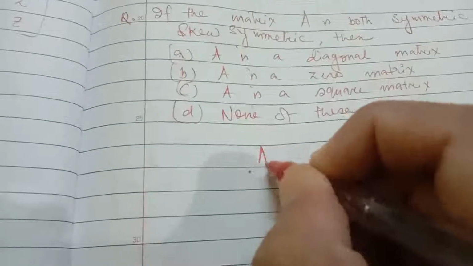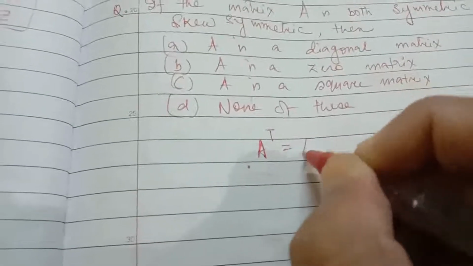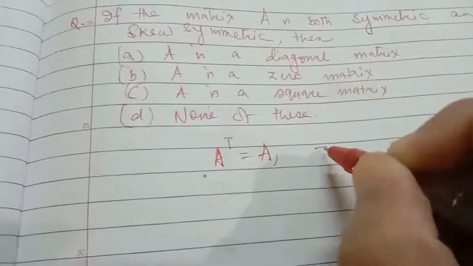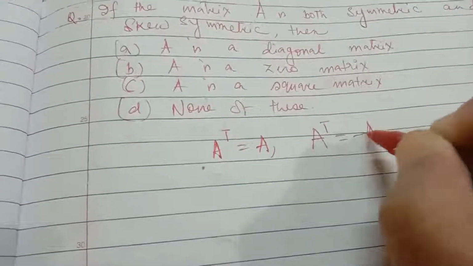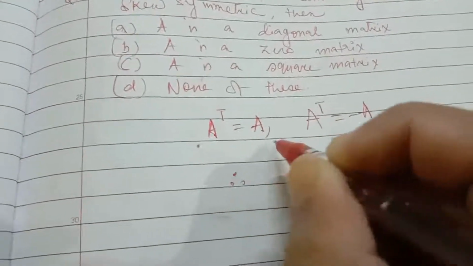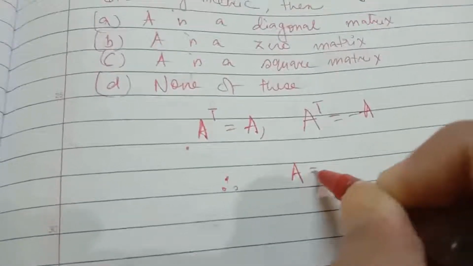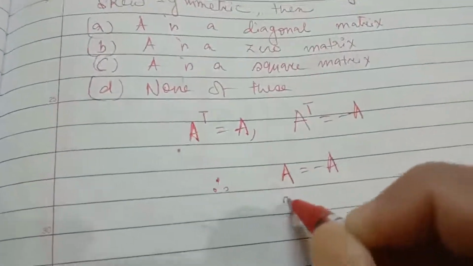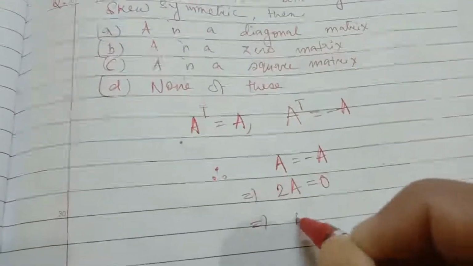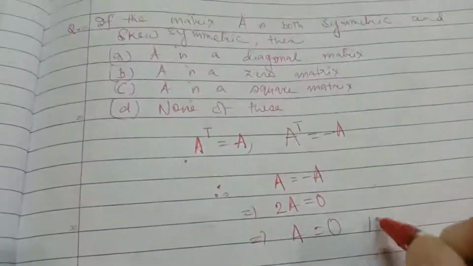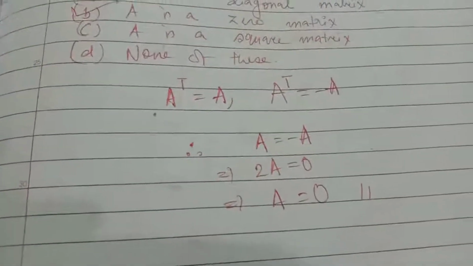Suppose A is symmetric, so A transpose equal to A. A is skew symmetric, so A transpose equal to minus of A. Comparing, A equal to minus of A, so 2A is equal to 0 and A equal to 0. So the answer is A is a zero matrix.